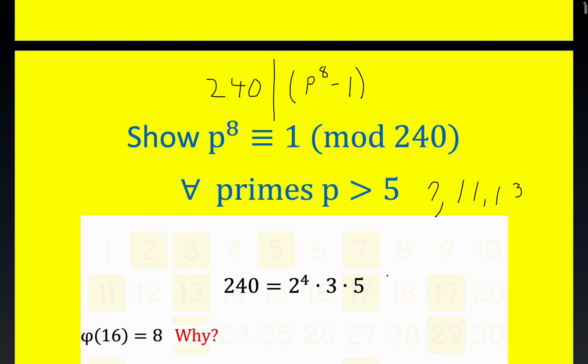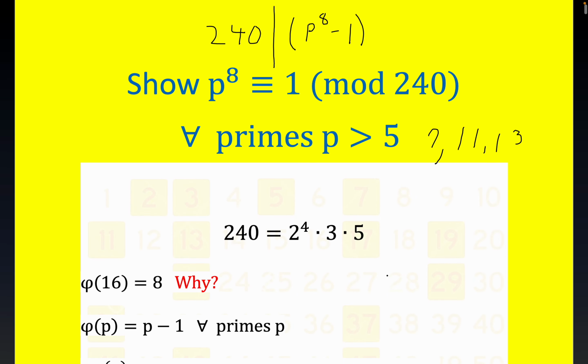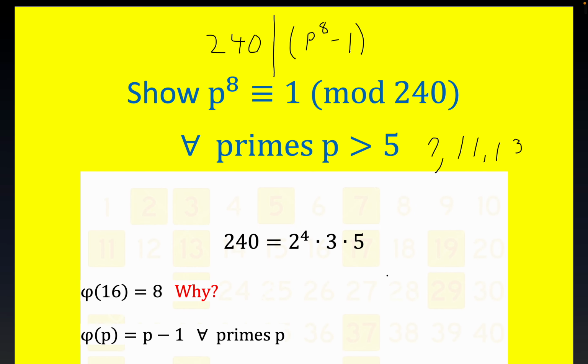Now let's talk a little bit about something called the Euler Totient function. The Euler Totient function counts the number of relatively prime values to a given number, and in this particular case all the odd numbers are relatively prime to 16. That is 1, 3, 5, 7, 9, 11.